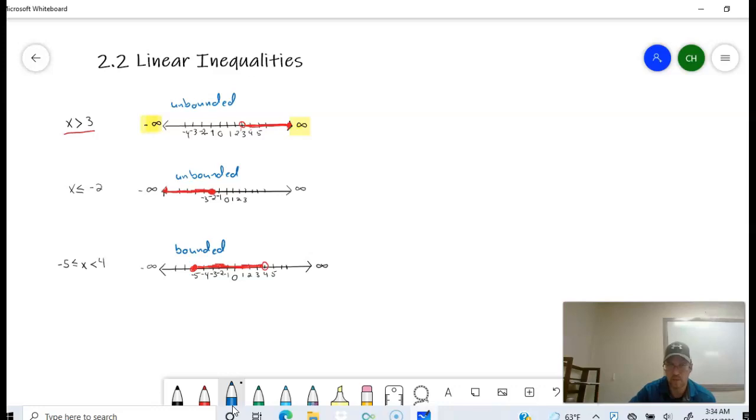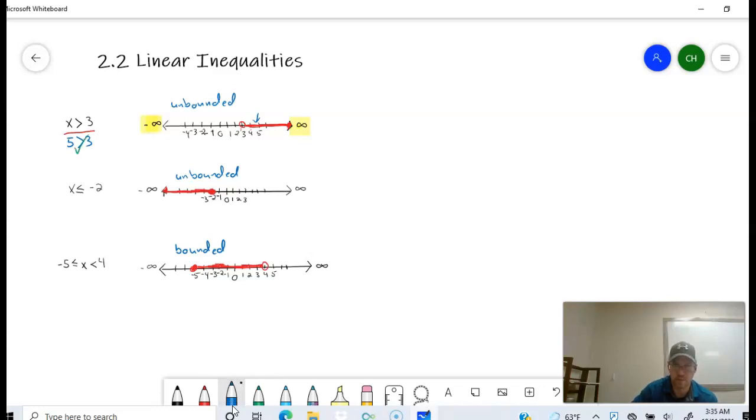Now the last thing we could do is double check these. The way we're going to do that is we're just going to take a value that's inside of our shaded region. So we see 5 here, right here. 5 is in the red. So I'm just going to pick 5 and plug it into my inequality. So 5 is greater than 3. Is that true? Yes. That means that this one is correct.